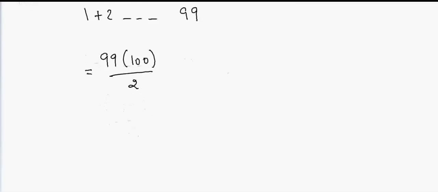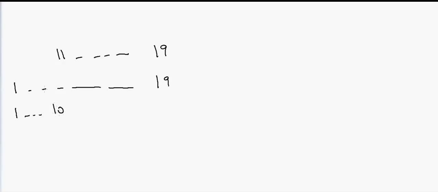So now suppose instead of 1, the number starts from somewhere else, suppose it starts from 11 and goes until 19, so how will I do that? In that case, I'll first add 1 to 19, and then I'll subtract 1 to 10 from it.